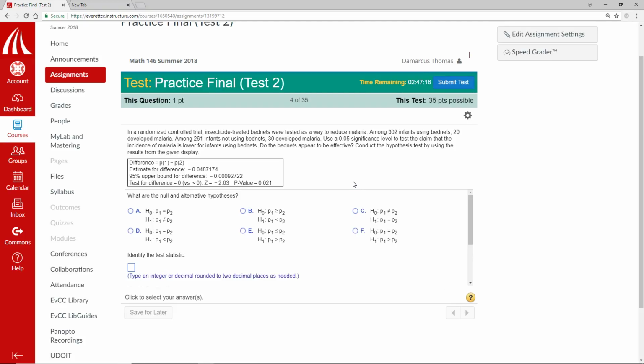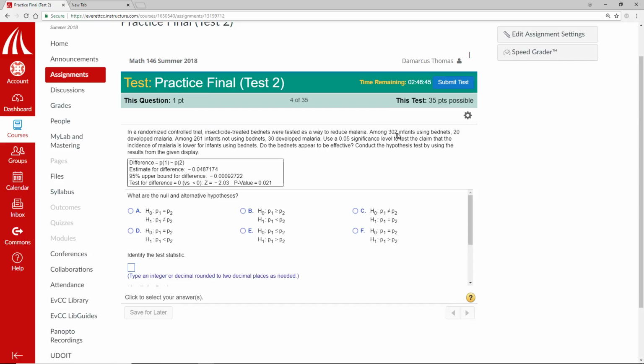Alright, here's another problem. This looks like it's coming from section either 8.2 or 8.3, I want to say. It's always good to identify the kind of problem you're working with. So it says in a randomized controlled trial, insecticide treated bed nets were tested as a way to reduce malaria.